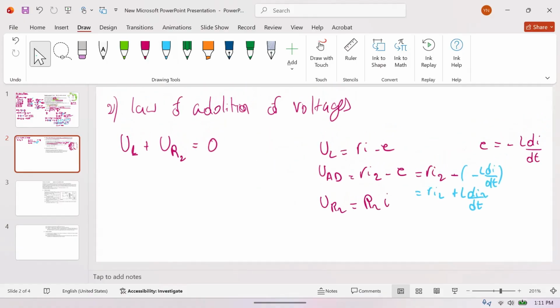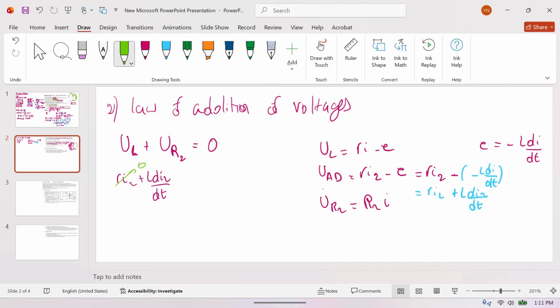Okay, so they don't play with the conventional direction and what's happening. So mostly expect this answer. Now, UL, it's Ri2 plus L di over dt. And as I said before, the coil doesn't have internal resistance, so simply we can remove the small r.